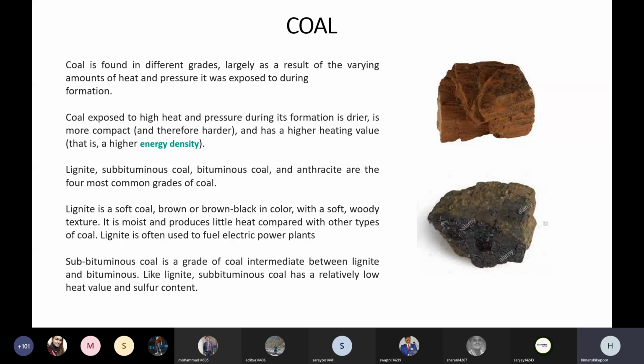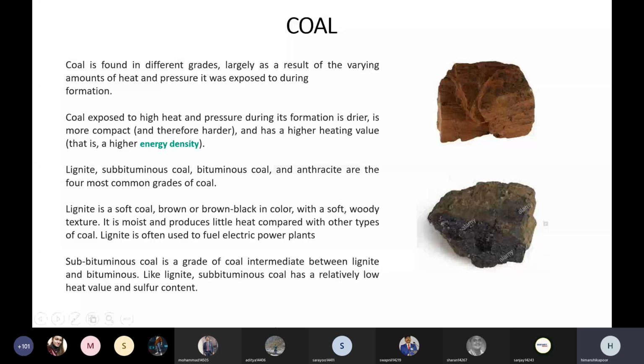Then we have water and trace elements found in the earth's crust. This was formed from ancient plants that lived millions of years ago. The grades of coal differ depending upon different environmental conditions, mainly heat and temperature. Due to this difference in heat and temperature, we have a variation in the energy density of coal.